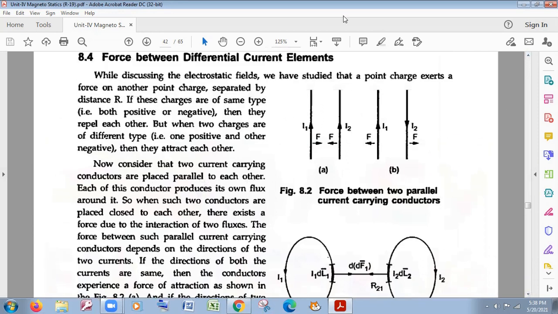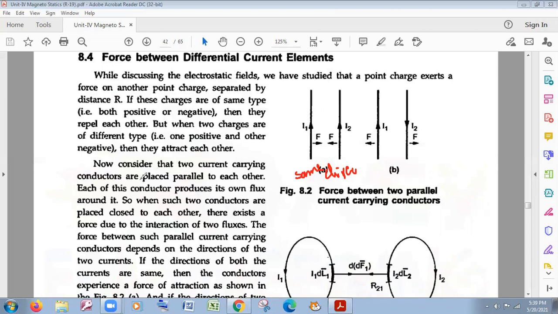In one conductor, current I1 passes in the upward direction, and in the second conductor, current I2 passes. So both the currents are in the same direction. Then the force is attractive. Same direction means there is an attraction between the two conductors.